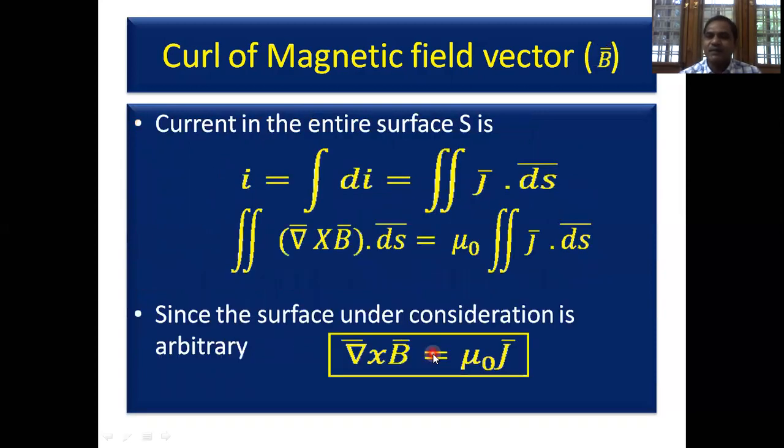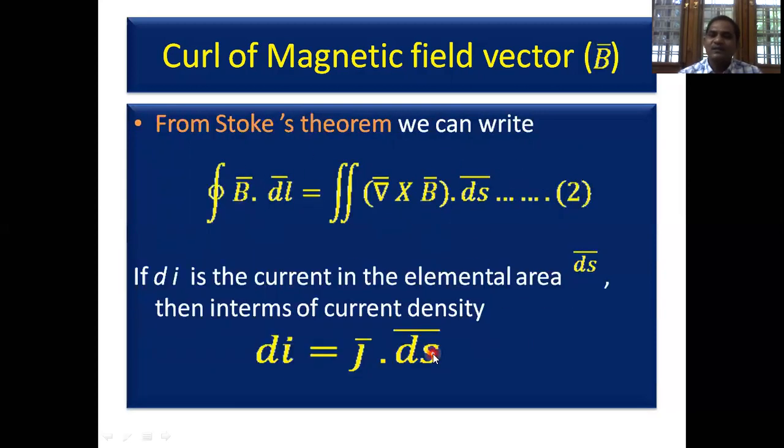Current density j bar equals what? J bar equals the current flowing through unit area normally through the conductor. J bar equal to I by A. So from that, di equals the dot product of j bar and ds bar.